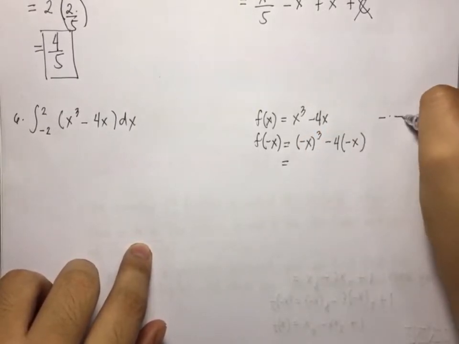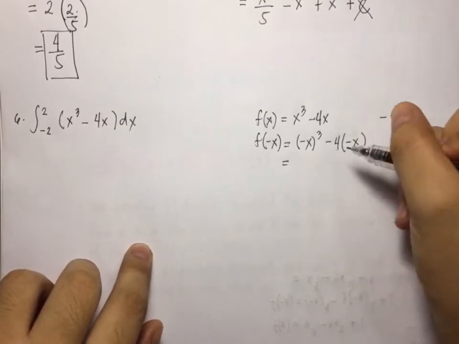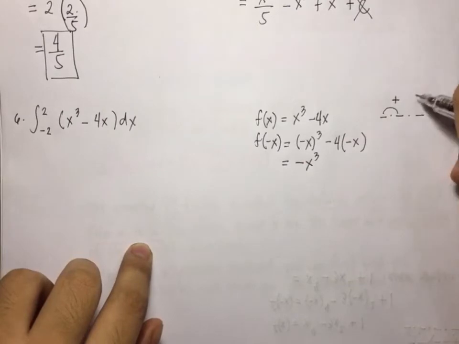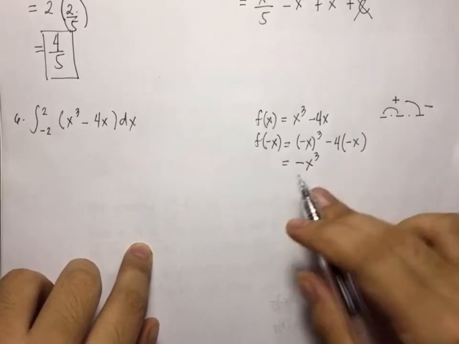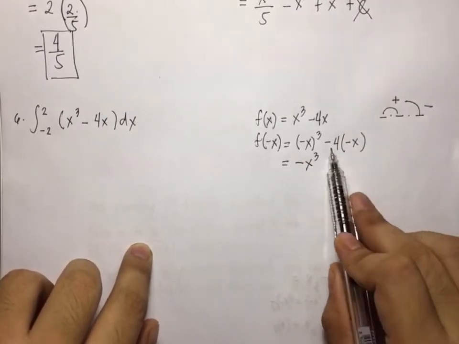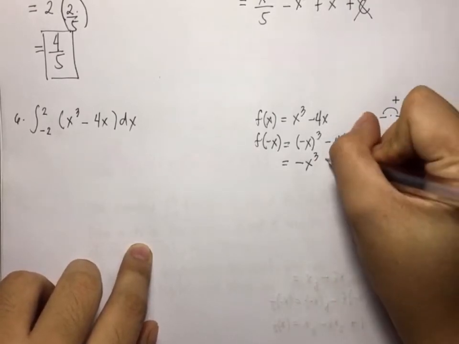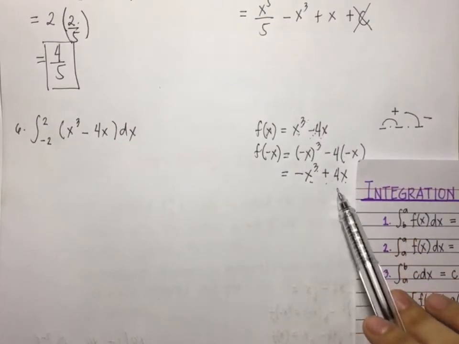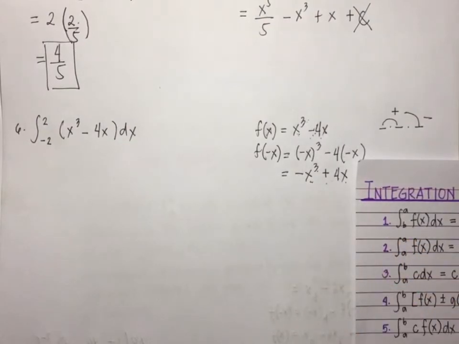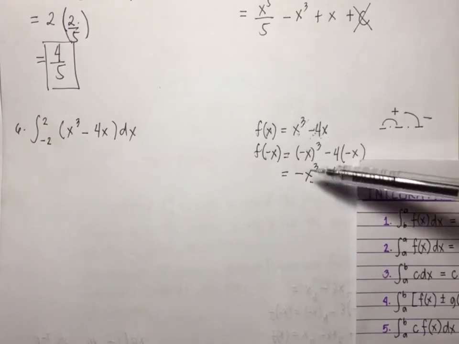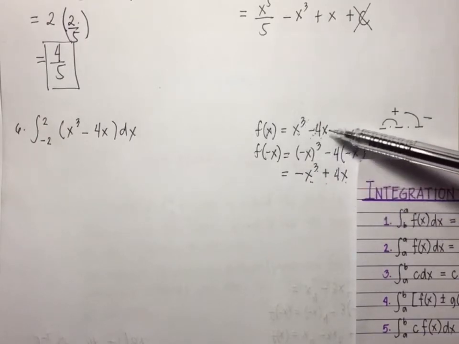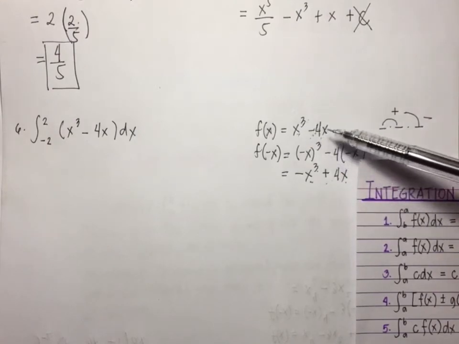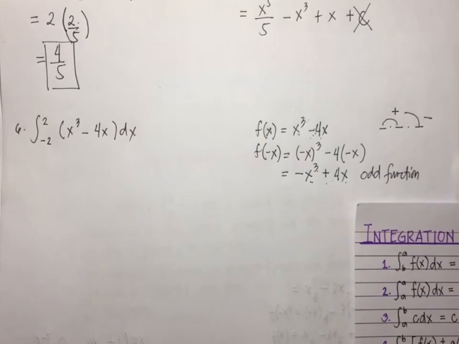So negative times negative times negative is equal to negative x cubed. Negative times negative, positive. Positive times negative is negative. Then, negative 4 times negative x is positive 4x. Since the terms change sign when x was replaced by negative x, from positive x cubed became negative x cubed, from negative 4x became positive 4x, we can say that x cubed minus 4x is an odd function.